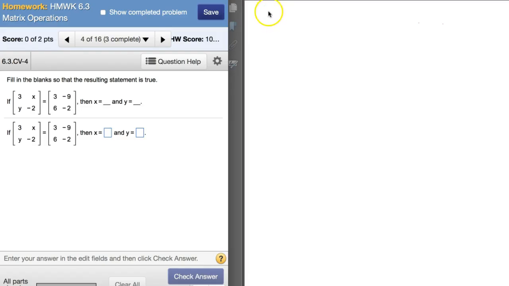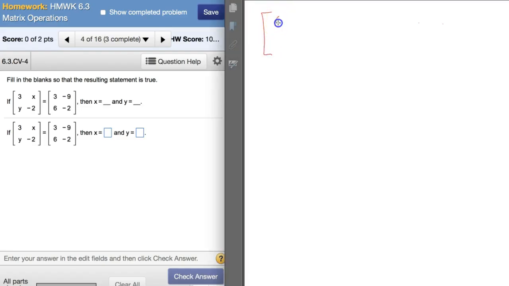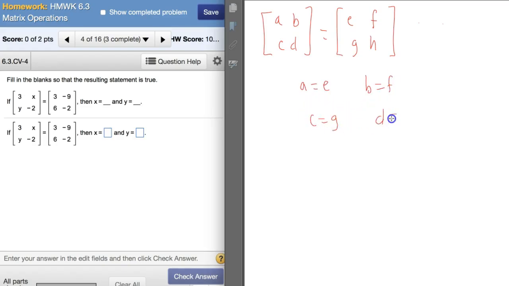Simply put, if we have some matrix A, B, C, D, and it's equal to another matrix E, F, G, H, then the elements that are in the same spots must be equal to one another.